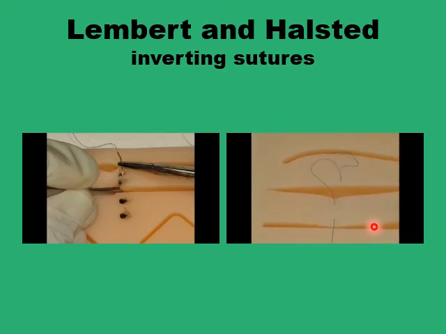You do another Lembert here. So you have two parallel Lemberts in a configuration similar to a horizontal and a vertical mattress combination.